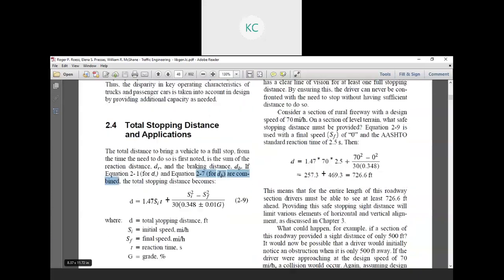So stopping distance is nothing but the distance from when braking is first applied to the stretch where the vehicle actually stops. The total distance is called the total stopping distance.